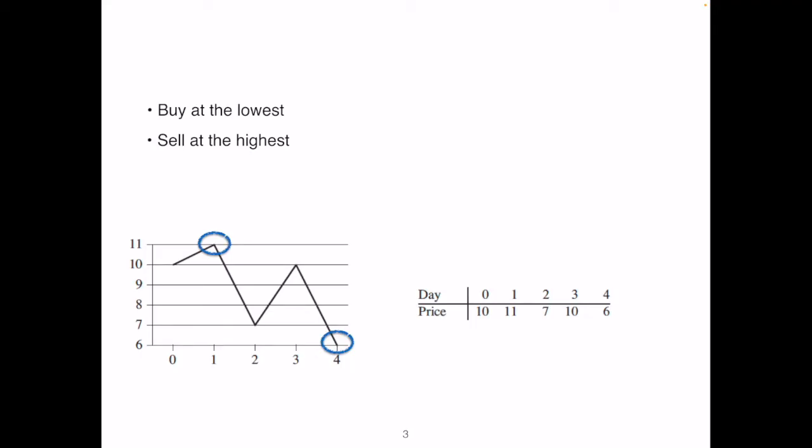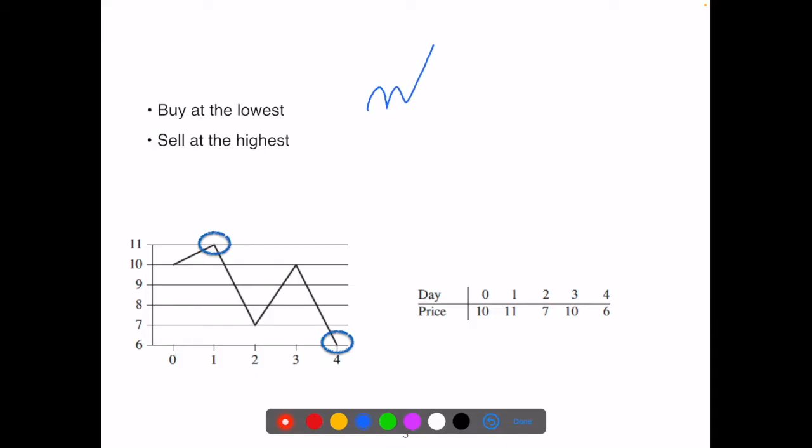Or you could argue, I will find the lowest price and search right from it to find the highest later price. Or I find the highest price and search left to find the lowest price prior to that. This does not always work either. Here is an example. If the stock price change curve looks like this, this would be the lowest and this would be the highest.